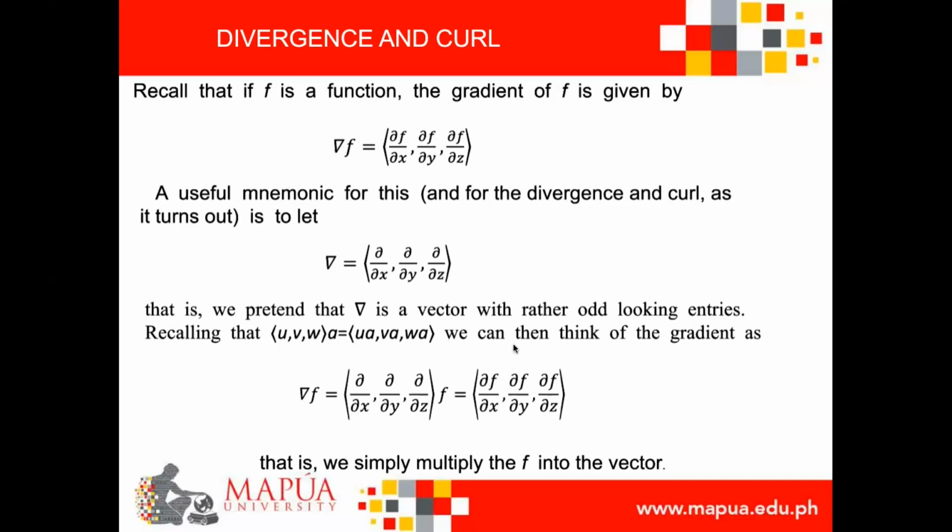Thus, we can think of the gradient as del f equal to <partial with respect to x, partial with respect to y, partial with respect to z> times f, which is equal to <partial derivative of f with respect to x, partial derivative of f with respect to y, partial derivative of f with respect to z>. That is, we simply multiply the f into the vector.